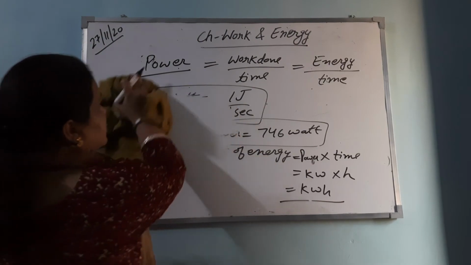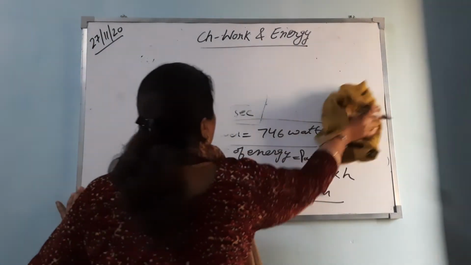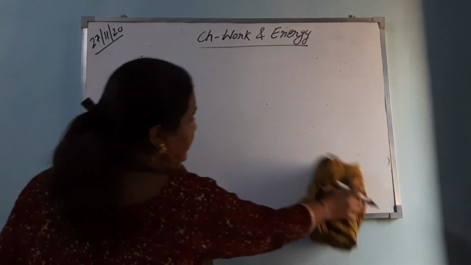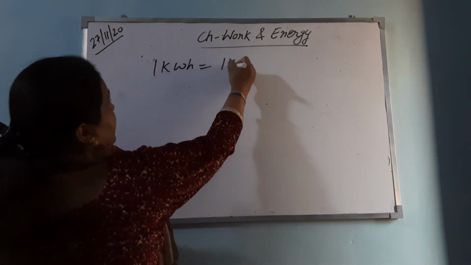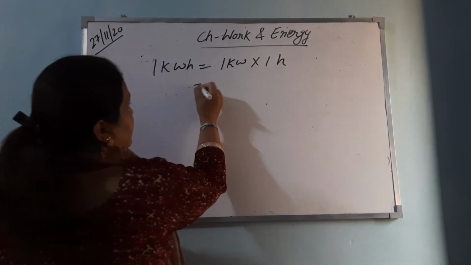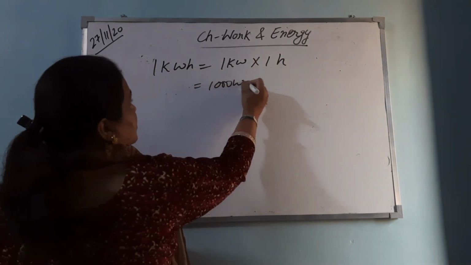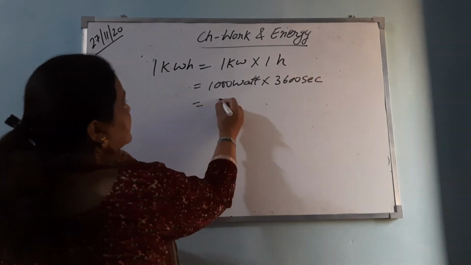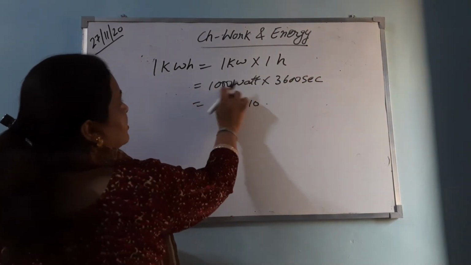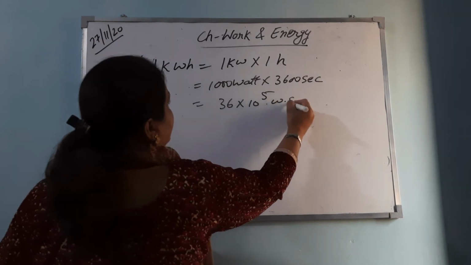Now the next is the relation between this kilowatt hour and joule. So 1 kilowatt hour is 1 kilowatt into 1 hour. So that is 1000 watt into 3600 seconds. So that is 36 into 10 raised to the power 5 watt into second.